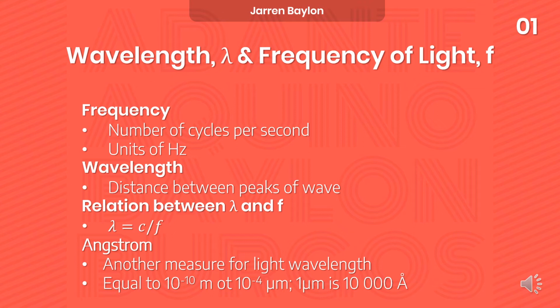On the other hand, wavelength is the distance between the peaks of the waves. The relationship between lambda, or the wavelength, and frequency is given by this equation. Lambda is equal to c over f, where c is the speed of light and f is the frequency. Now, angstrom is also another measure of light wavelength.